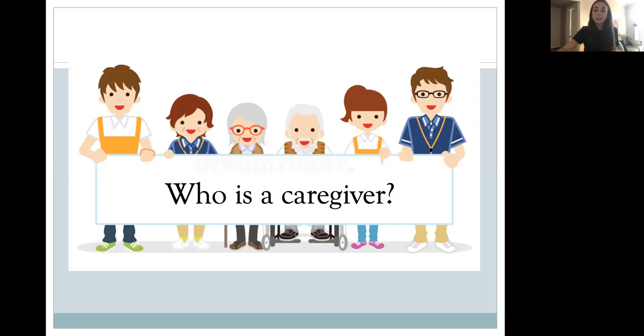And so some examples of caregivers that we might not initially think of would be maybe an adoptive or a foster parent who may not know the full medical history of the child that they are taking care of. Or maybe that's a family member who's taking care of someone who has a hidden illness such as depression. And so it's really important that we don't assume anything about their knowledge or their understanding of different topics that may come up or things that we're doing.